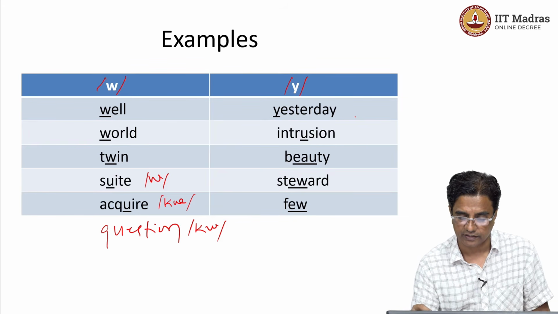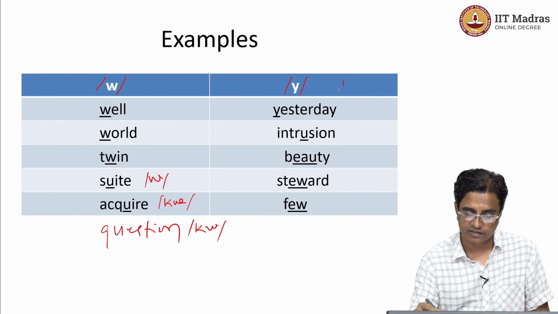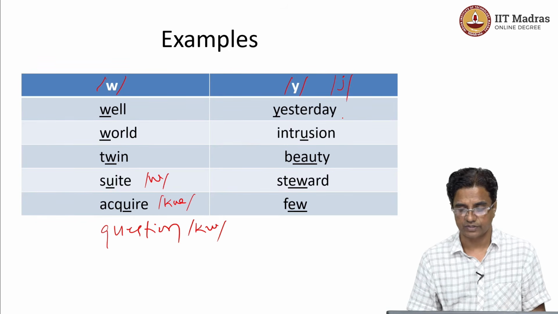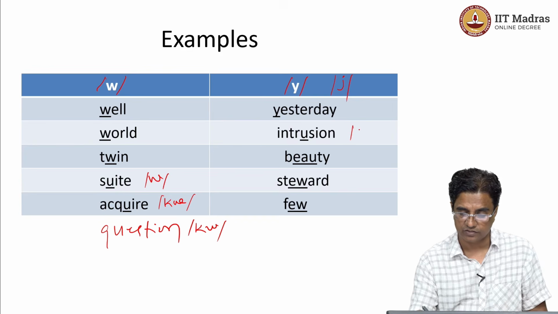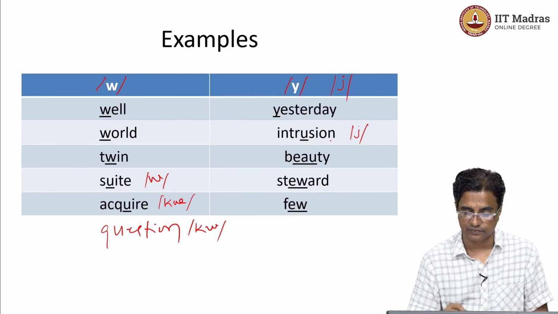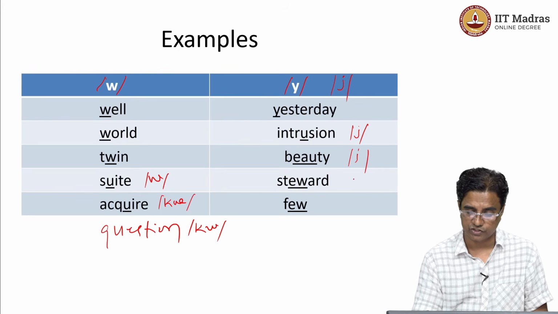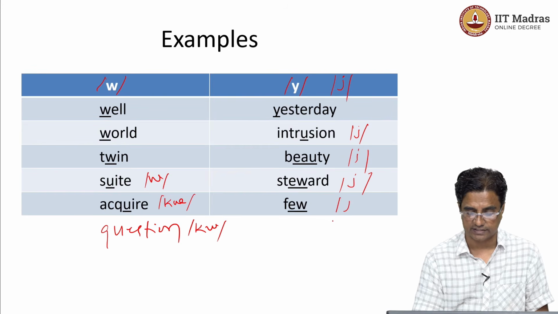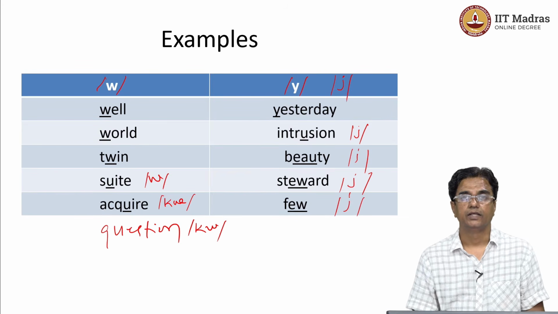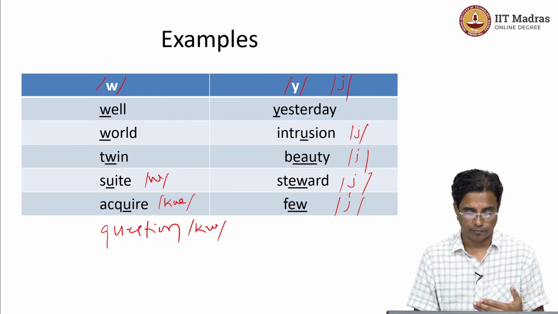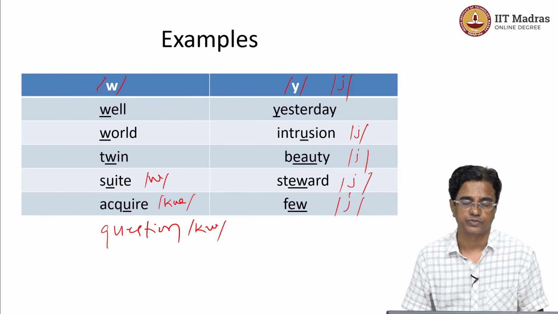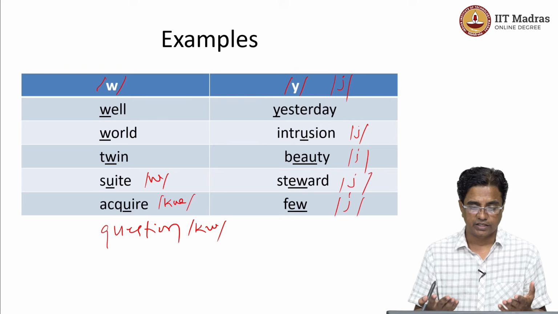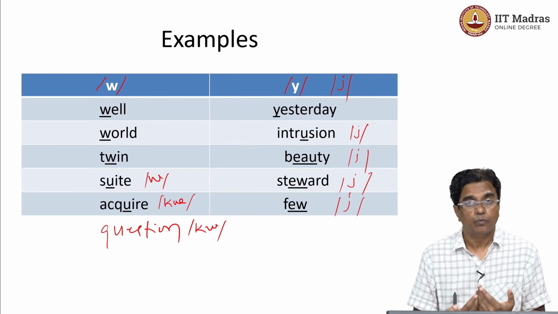Look at this here. In fact, in phonetic transcription, this is how the ya sound is written. So in this you will see a ya sound. In beauty also you see the ya sound. In steward also, and few, of course, there is a ya sound. You can find more words of this type to check where you get the ya sound with Y or not.